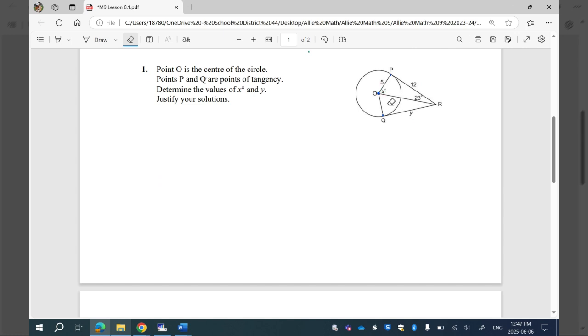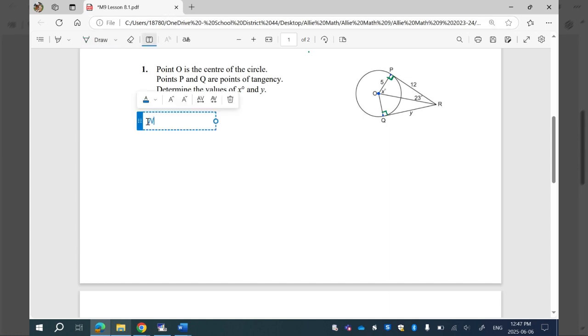Okay, so let's use what we know to solve these mysteries. We know that the radius intersects a tangent, the point of tangency, at 90 degrees. So we know this is a 90-degree angle right there, and we know this is a 90-degree angle right there. Okay, and what else do we know? So maybe I could type this out.